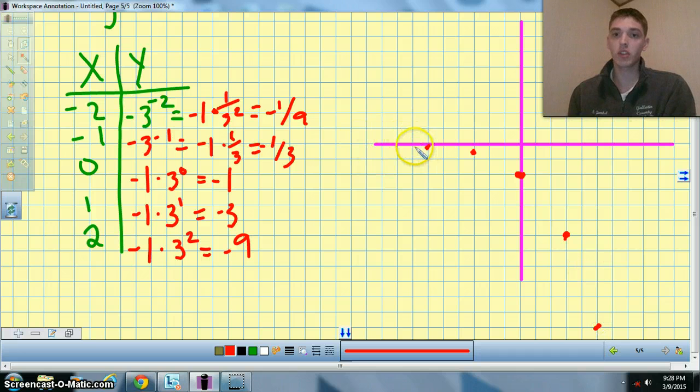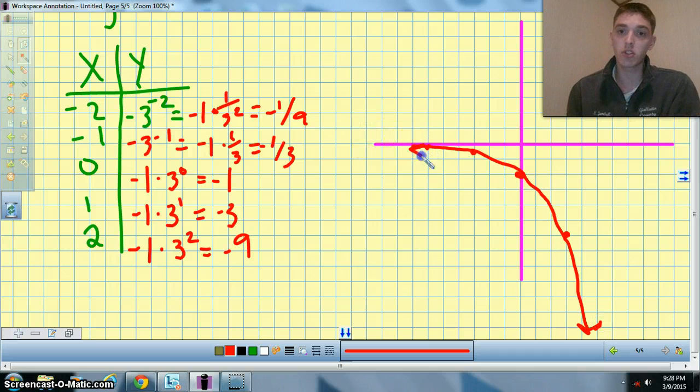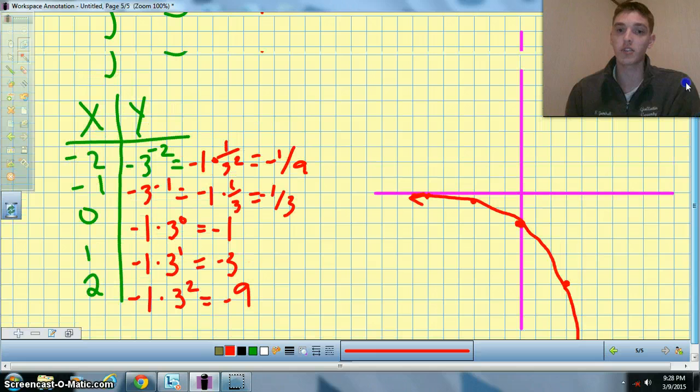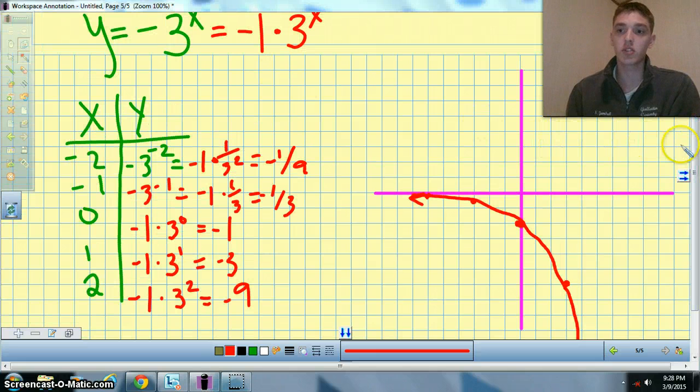Okay, so again we've got this exponential going on, but it's decreasing really fast instead of increasing. Now our asymptote's still the same, it's still at 0, but the graph has been flipped over the x-axis. So that's what the negative does.